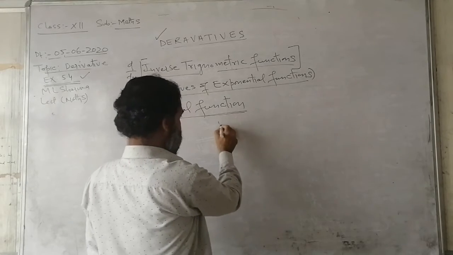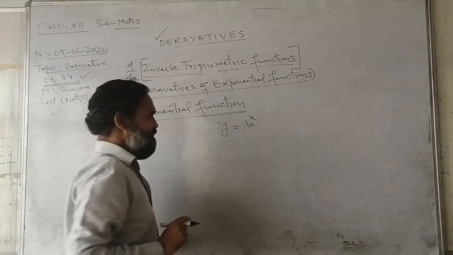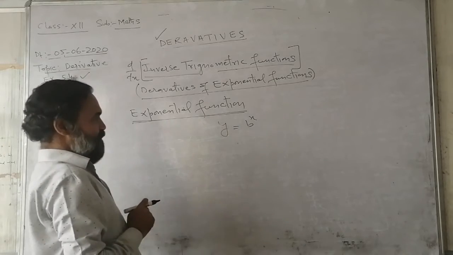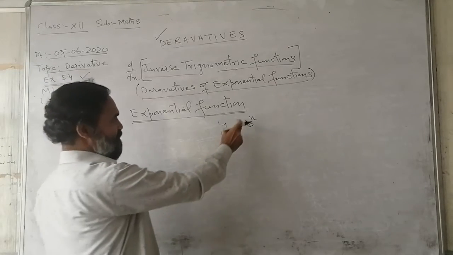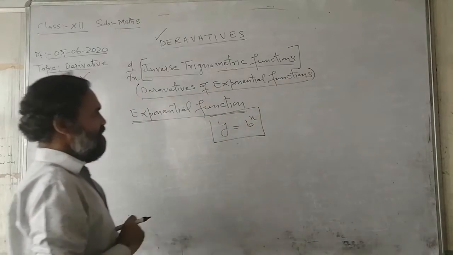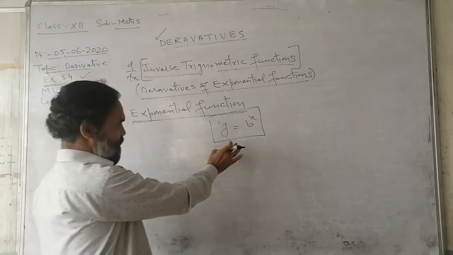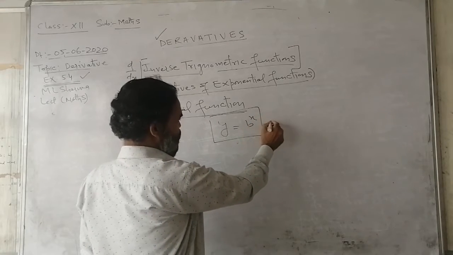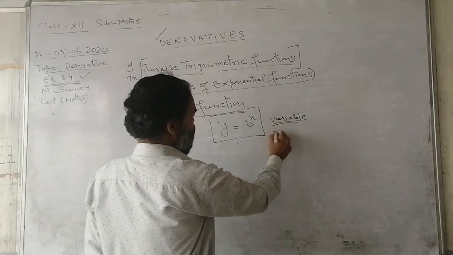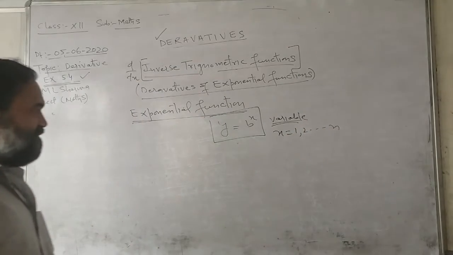For example, if I write y equal to b raised to power x, where b is the base and x is the exponent, this type of function we call an exponential function. If x is a variable, its value changes from 1 onward.